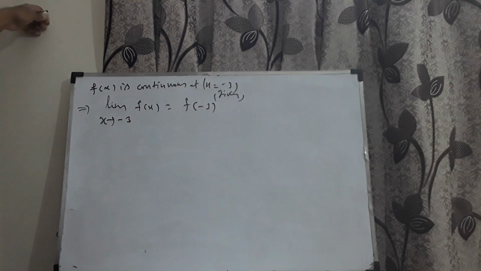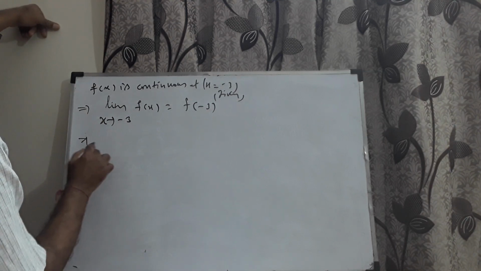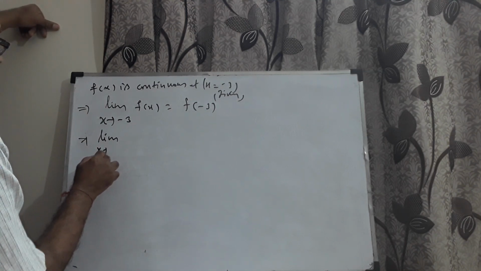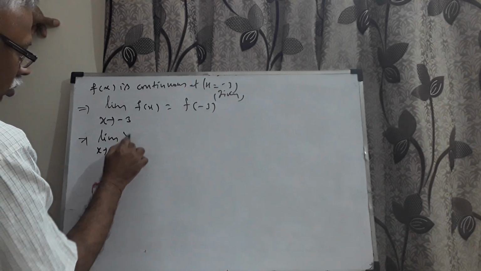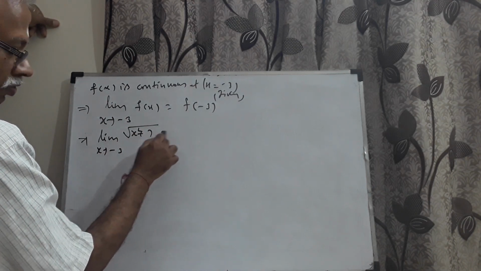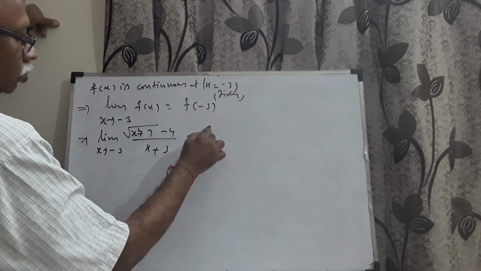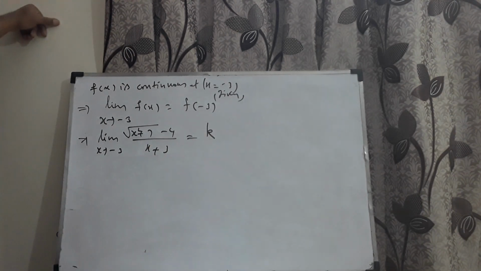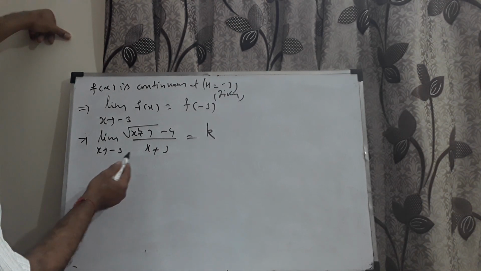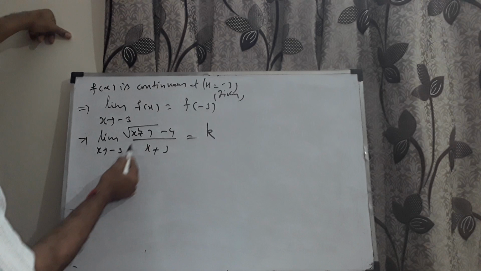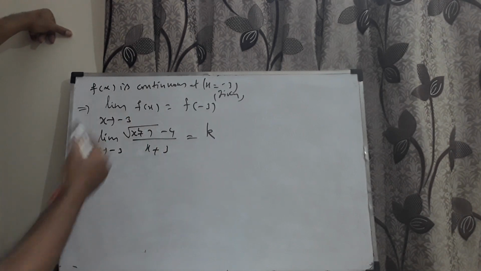Limit x tends to minus 3 of f of x equals f of minus 3, which implies limit x tends to minus 3 of root of x square plus 7 minus 4 by x plus 3 is equal to f of minus 3, which is k. It is given in the question. Functional value is k.